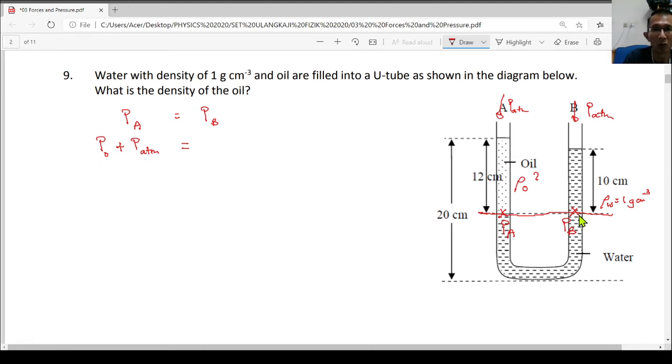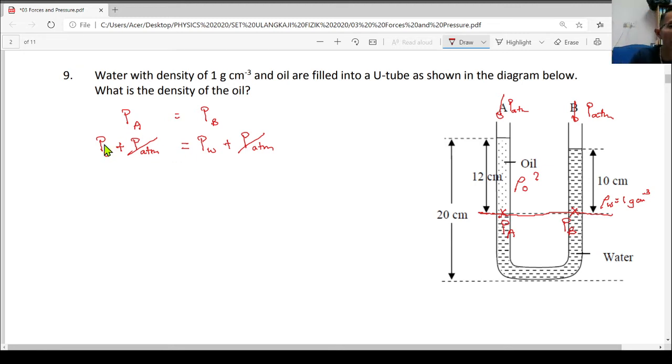What is pressing point B? Immediately above it I have the water, and then above the water I have P atmosphere. So I have P of water plus P atmosphere. I have P atmosphere on both sides, so I can just cancel this because they have the same value.